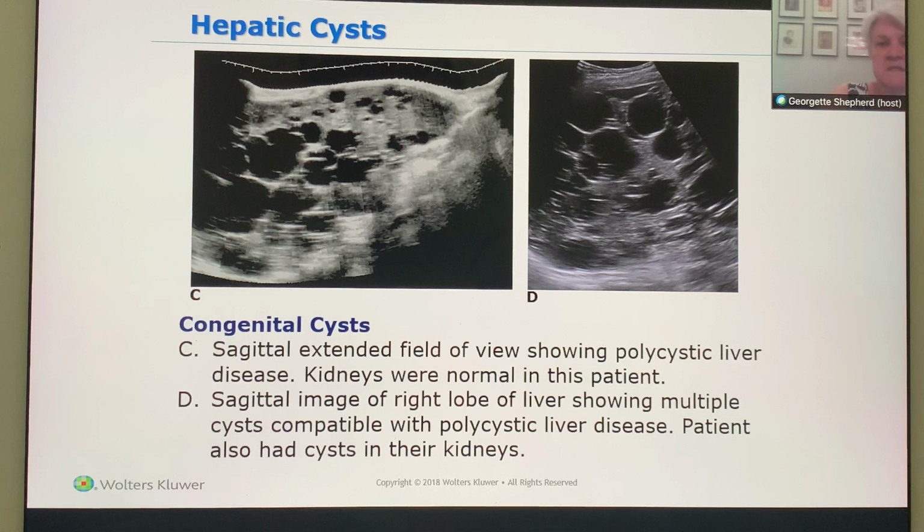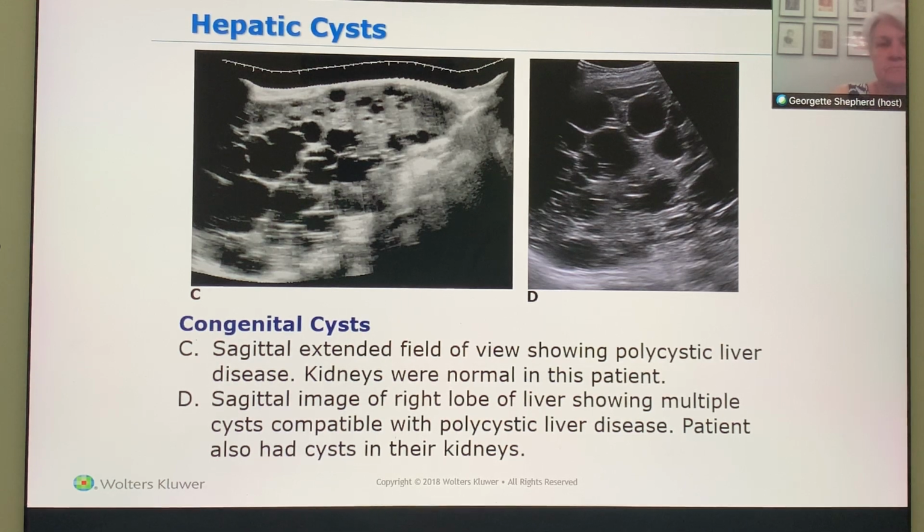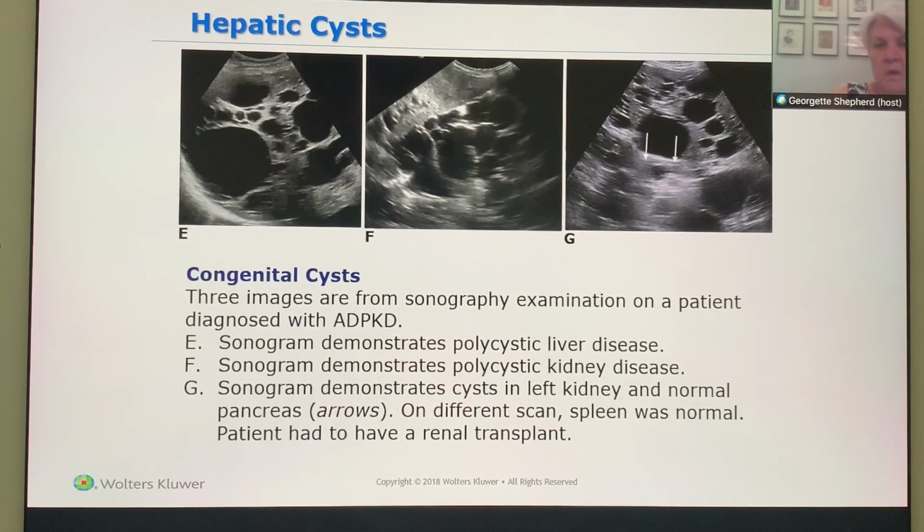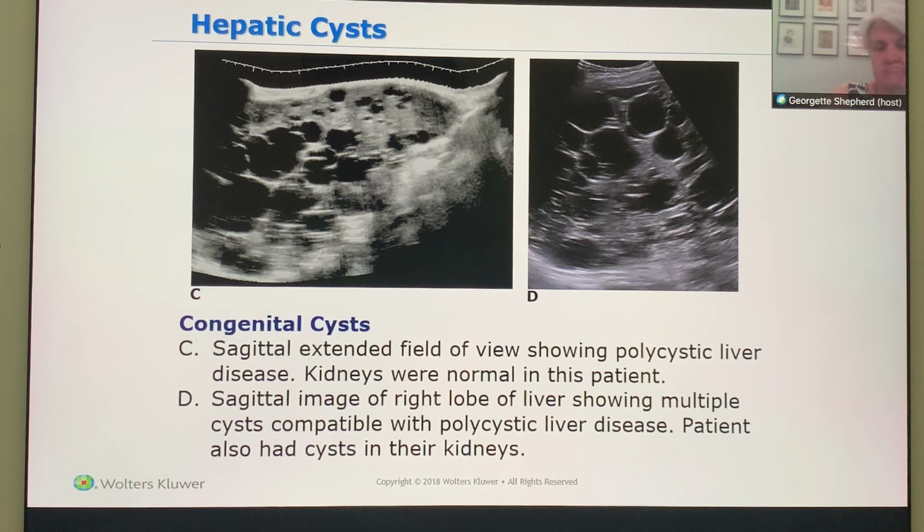Here is polycystic liver disease. Here is polycystic liver disease along with polycystic kidneys. We can't tell the difference, okay? But if we have a PKD patient, they usually come in once a year for follow-up.